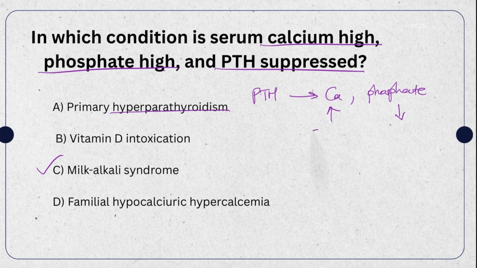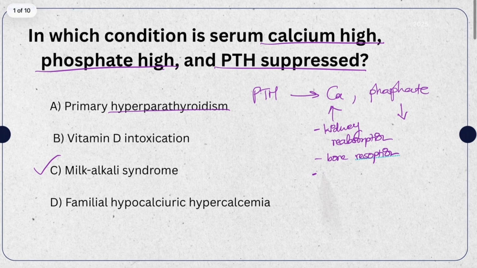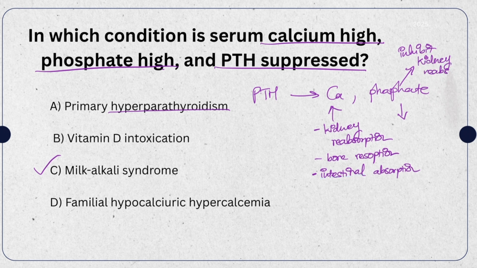It increases the calcium in the blood by encouraging kidney reabsorption as well as bone resorption, as well as encouraging intestinal absorption through vitamin D. The phosphate levels are mainly reduced in the blood because the parathyroid hormone does inhibit kidney reabsorption of phosphate.